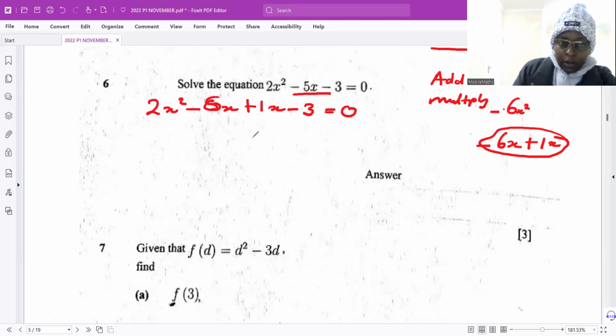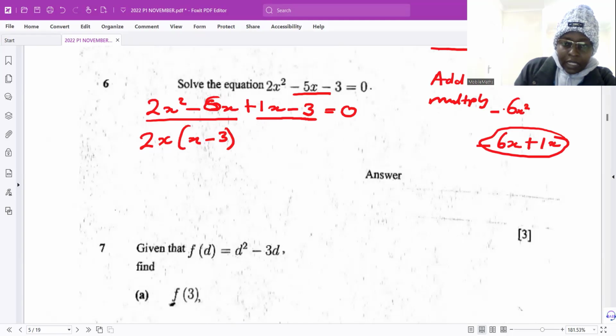So factorizing this part, I have 2x, I remain with x minus 3 there, okay? Then this other part here, I can take out plus 1, and I'll remain with x minus 3. So it means this is equal to 0, okay?